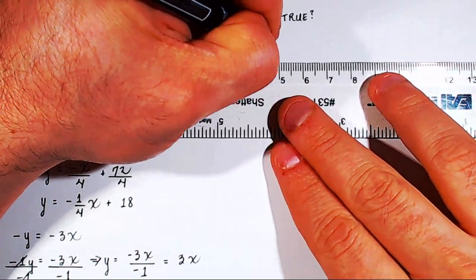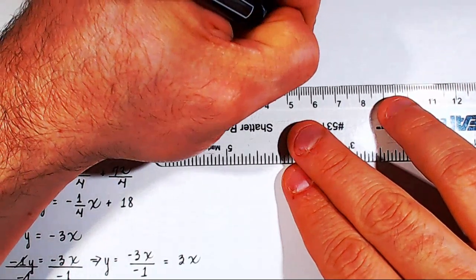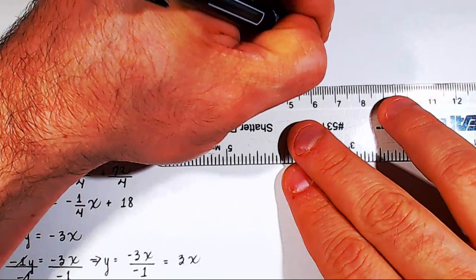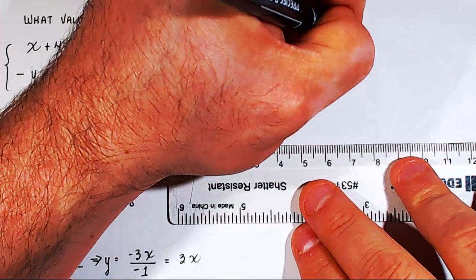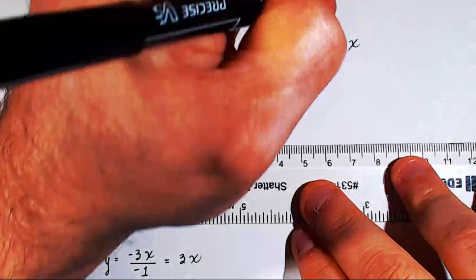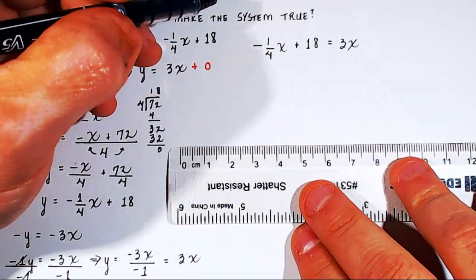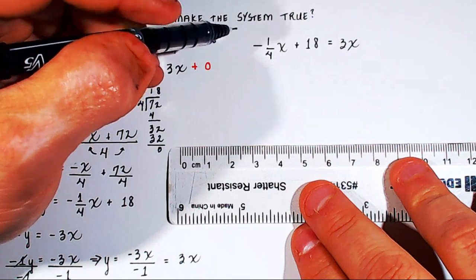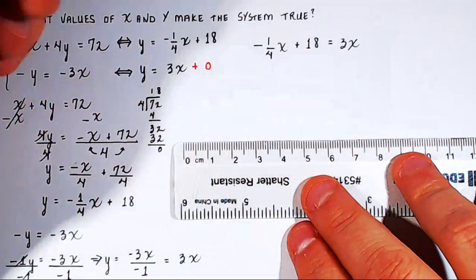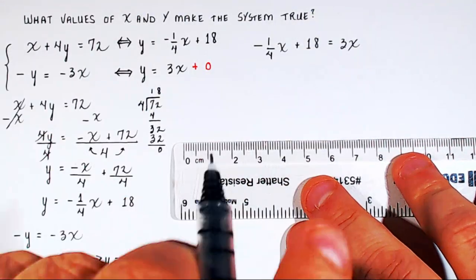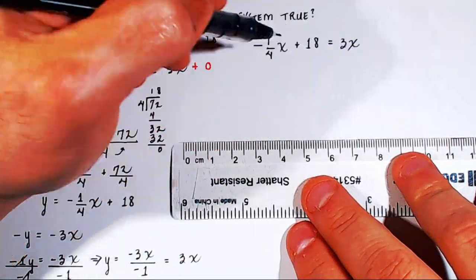Negative 1/4 x plus 18 equals 3x. Okay, so in order for me to get x by itself, I need to get all the x values over here on the left or the right. It really doesn't matter. I'll put it on the left, and then we'll move this other value to the right.